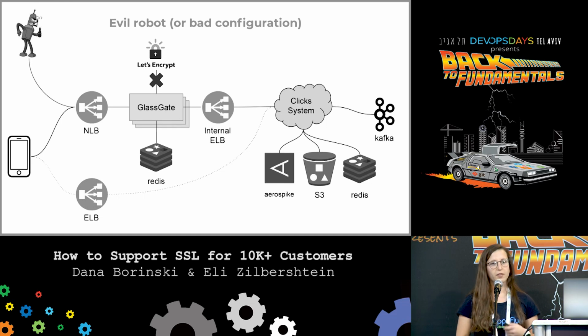So if we're getting the same non-valid requests, we are caching them and not trying to understand if it's valid or not again and again. We just reduce the load from our internal components like the Redis and our own Glassgate nodes, and we cache them and we reduce the load.